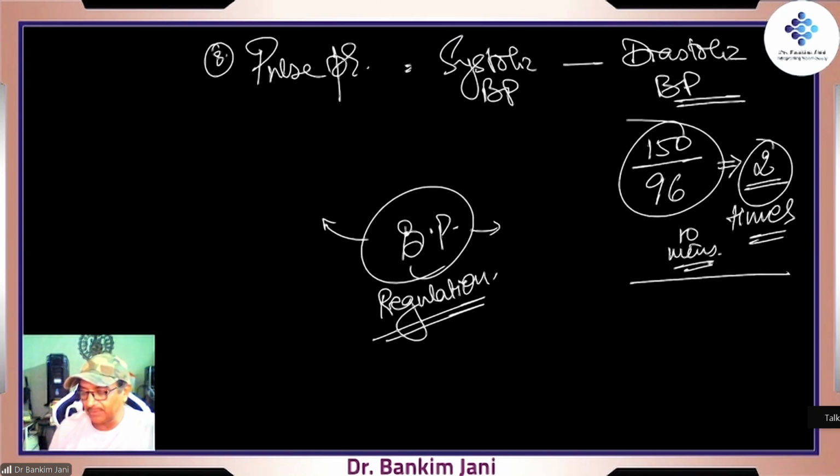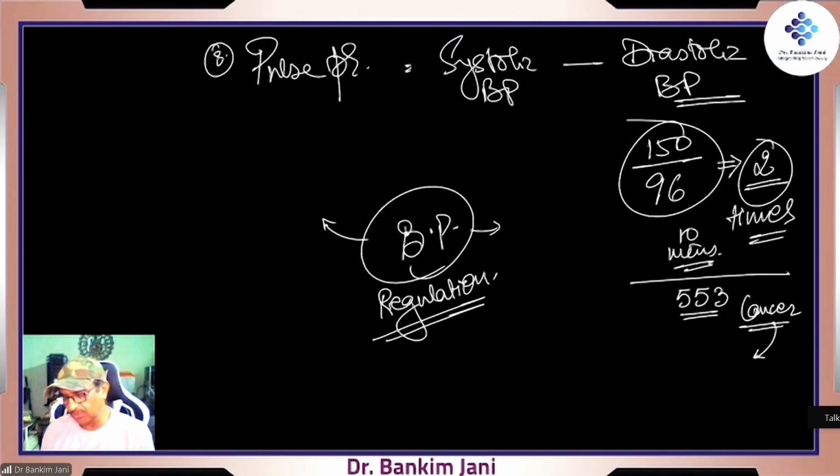The incident which I was watching, there was a doctor in Michigan called Dr. Fata, and he diagnosed 553 cases of cancer. He diagnosed that those people had cancer, and they were given all sorts of chemotherapy, radiotherapy, everything was given.